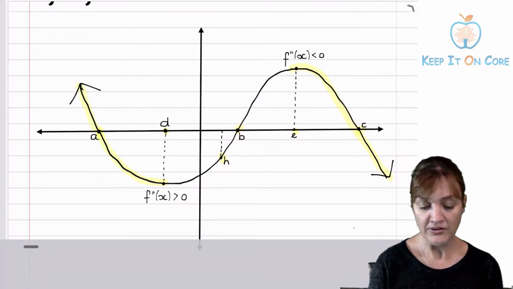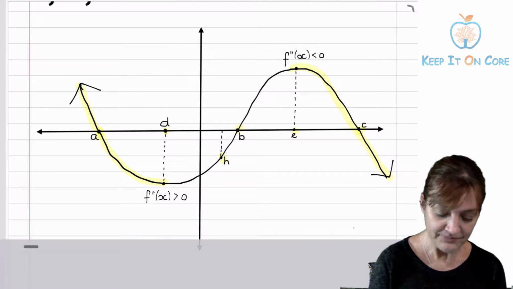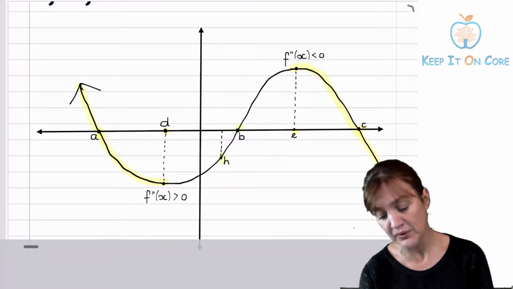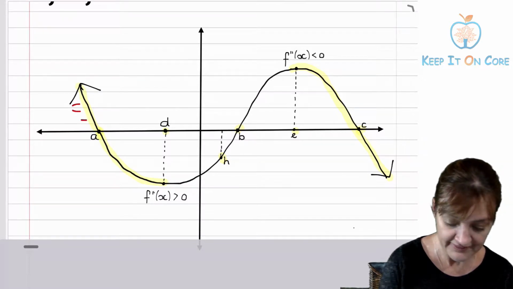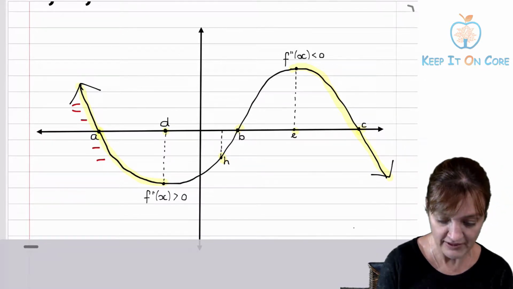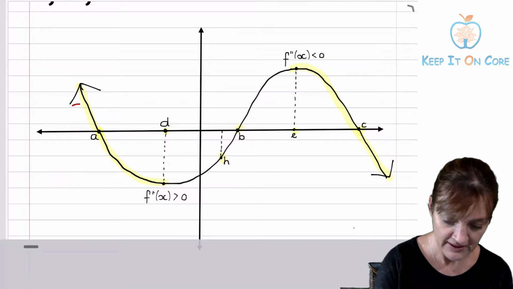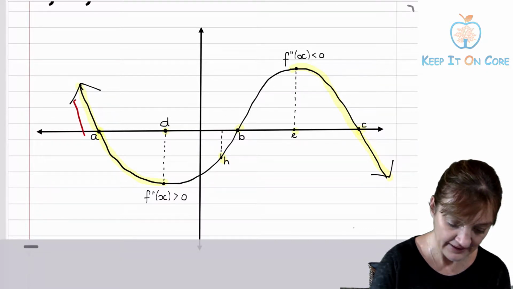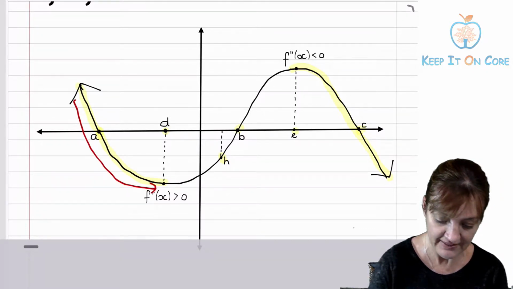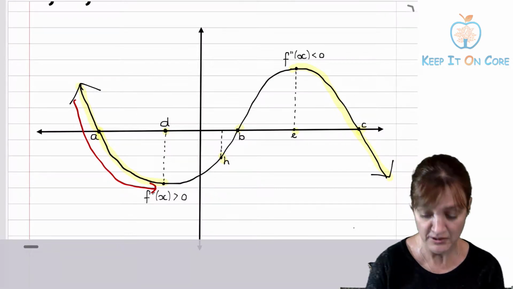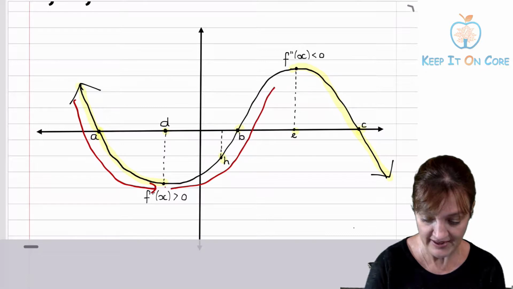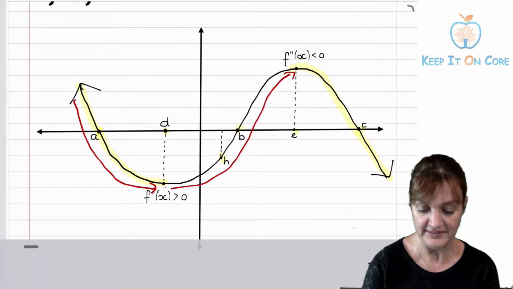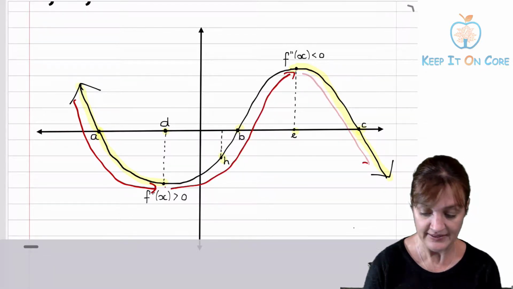As the x values progress along the x-axis from negative infinity, the y values are decreasing, getting lower and lower up until that turning point. From the turning point here to the turning point here, they're then increasing, but then obviously the whole function ends off by decreasing.